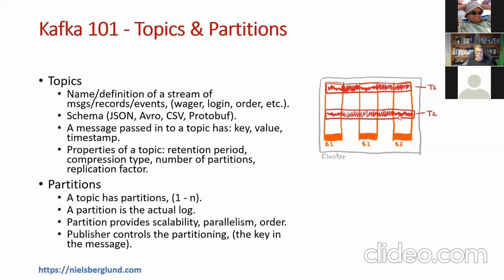As a publisher, you control the partitioning by assigning the message a key, i.e. the primary key, and it is the key that defines which partition the message will end up on.